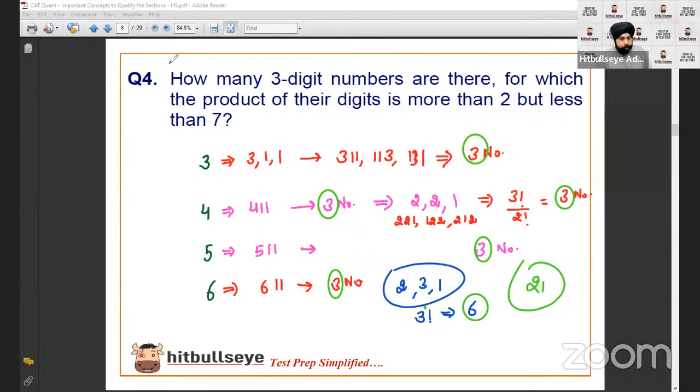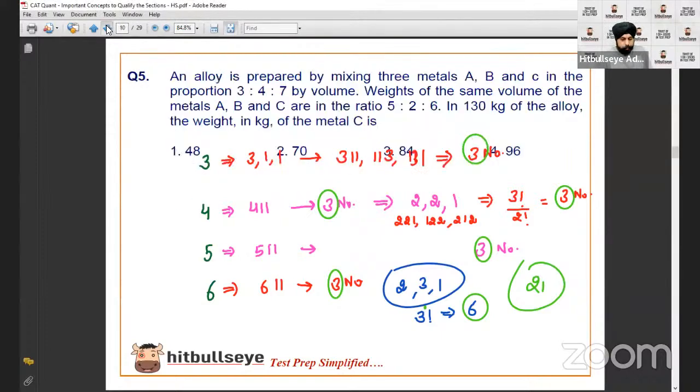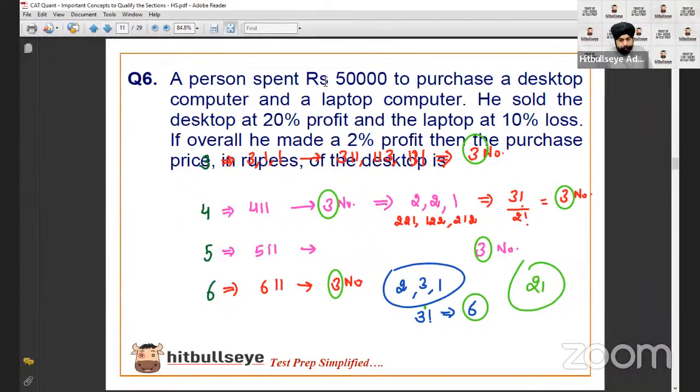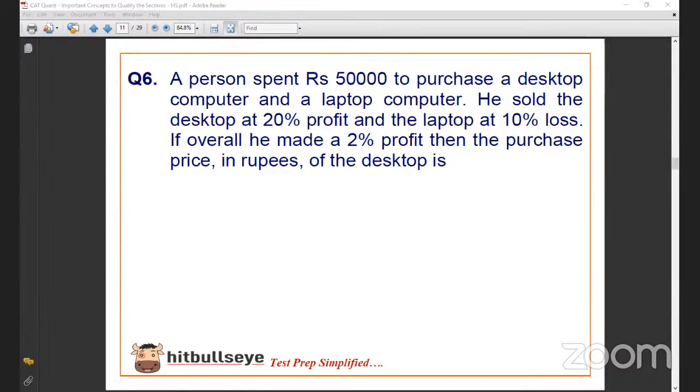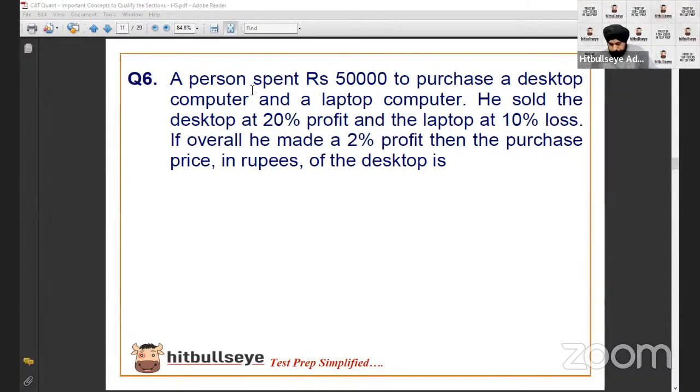Okay, with that, we proceed to the next question, which we will do is this. Solve this, people. Yes, people.